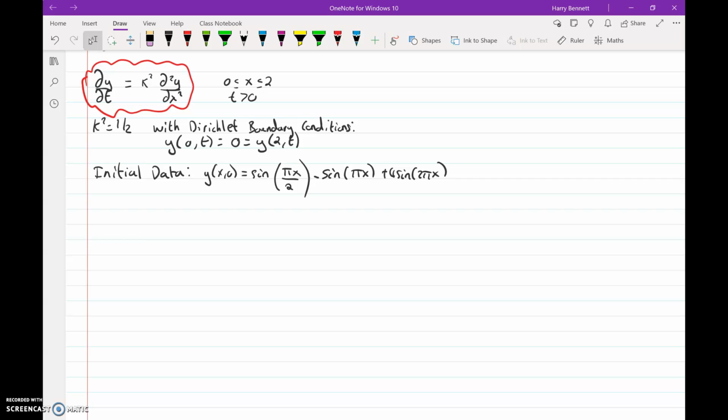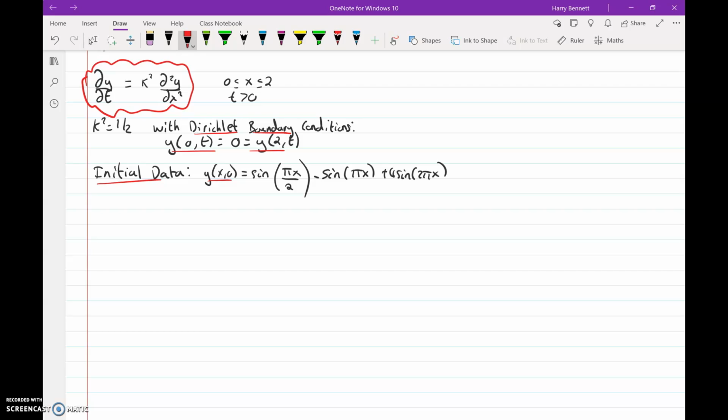In this case, kappa squared is equal to a half, and we have Dirichlet boundary conditions, which is the function evaluated at 0 is equal to 0, and at 2 is equal to 0 for any time. And we've been given initial data, where at time equals 0, we have this function as the solution.